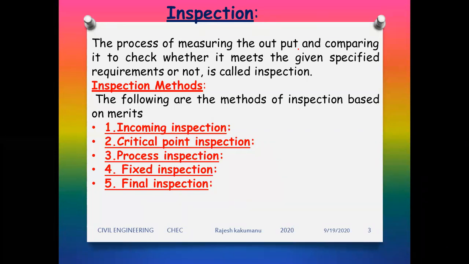Another is by camera; through a video camera you can also inspect. Next is gamma ray or x-ray inspection. Like this, we have various types of inspection methodologies in manufacturing. These are the main inspection things.